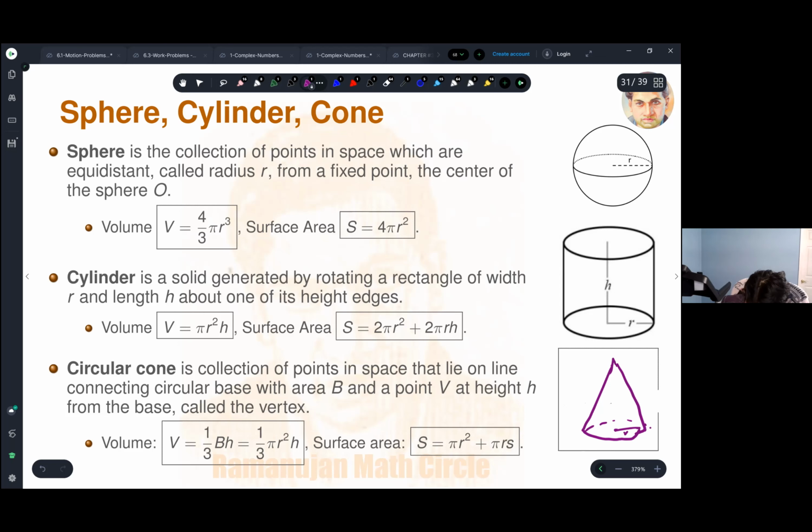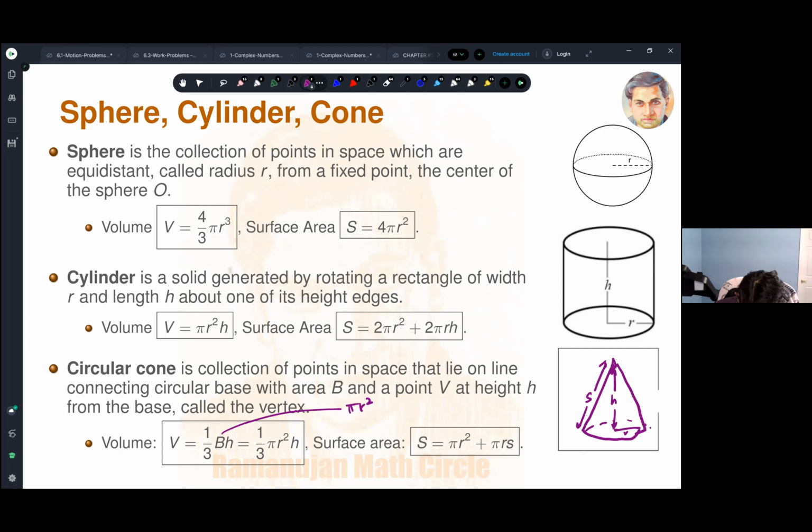With r, h, and s. And B is basically the base area, or pi r squared in our case.